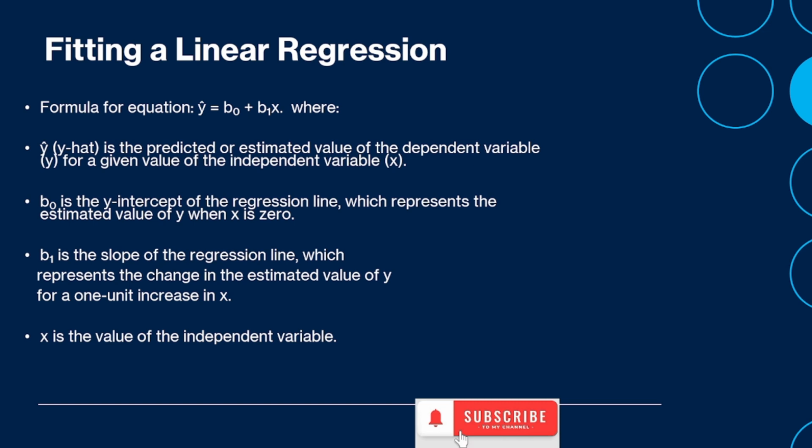And that is our b0, our intercept. And there's b1, which is our slope, as we mentioned, which is, in terms of numbers, how our explanatory variable influences our dependent variable. And then x itself is the independent variable or the explanatory variable. So that is very, very simple.